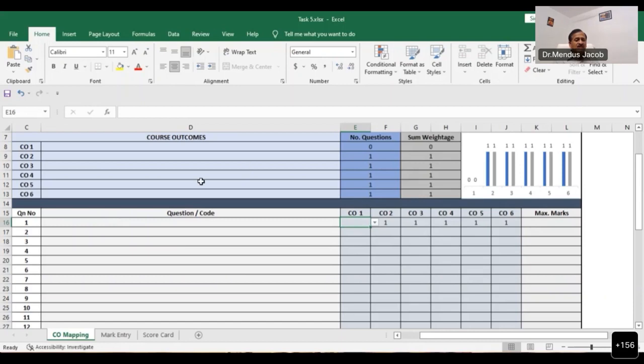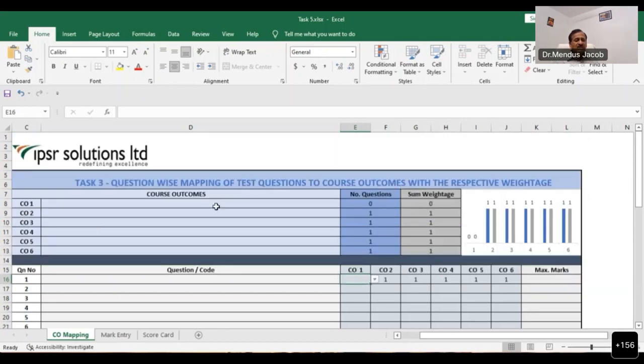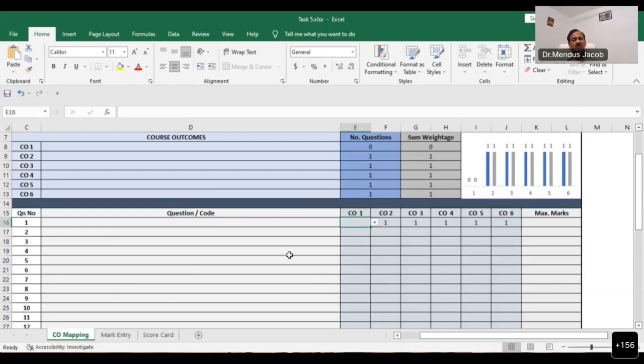Then for question number 1, from your question paper or somewhere, you can add a question and map it to a particular CO. If the mapping is 0, put 0 there. If it is 2, put 2. A default mapping is already there; you can remove that.